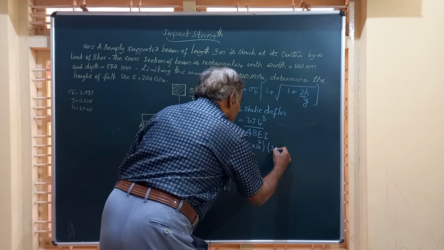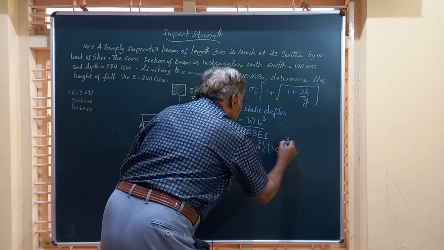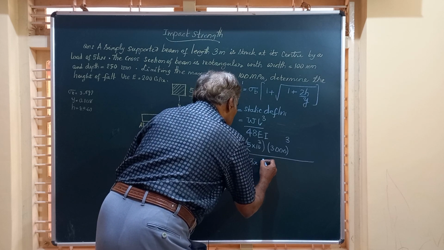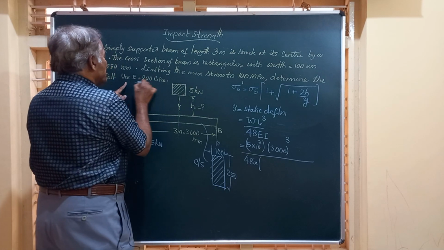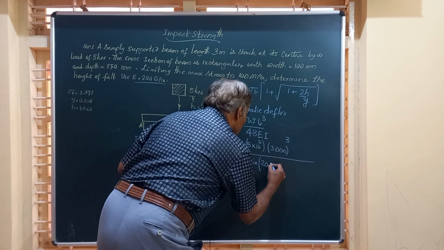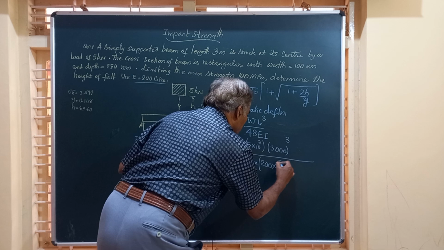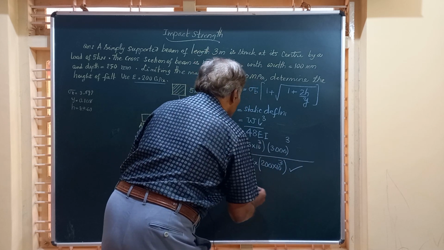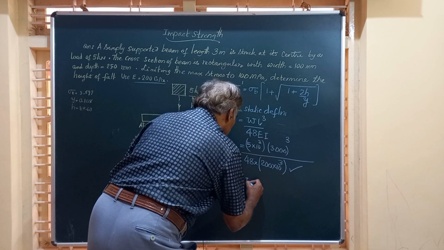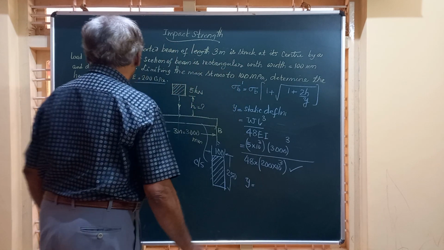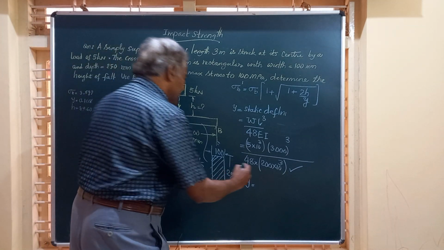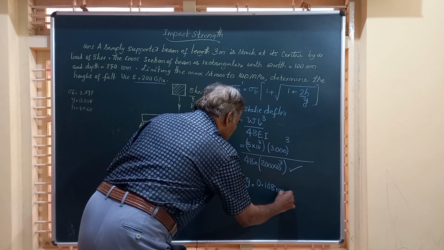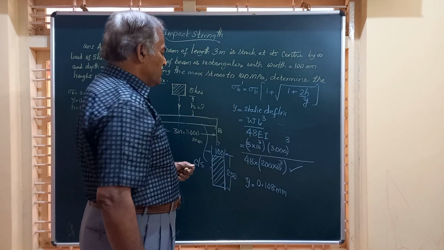L is 3000 mm to the power of 3 divided by 48 into E. Young's modulus is given to be 200 GPa, 200 into 10 to the power of 3 MPa. And I we already found out in the previous step. Friends, if you simplify this, you get the deflection of the beam as 0.108 millimeter.